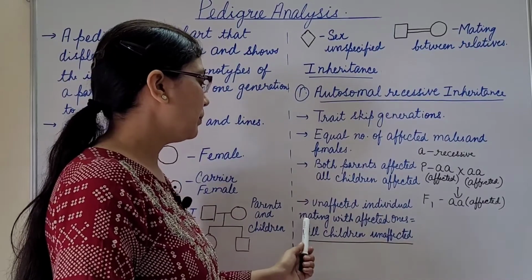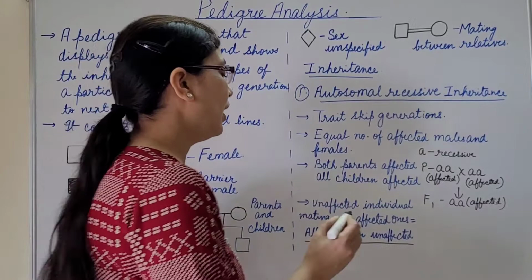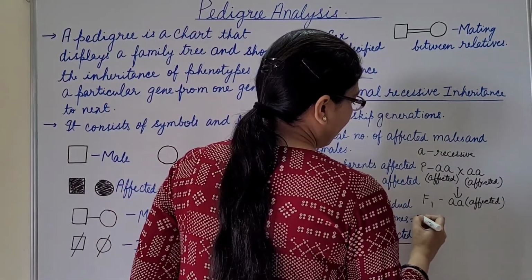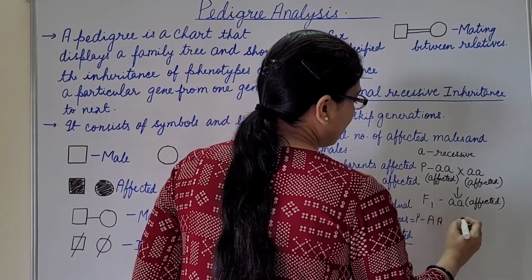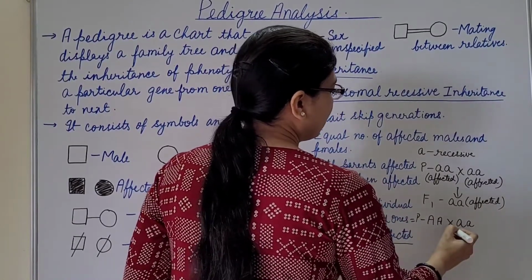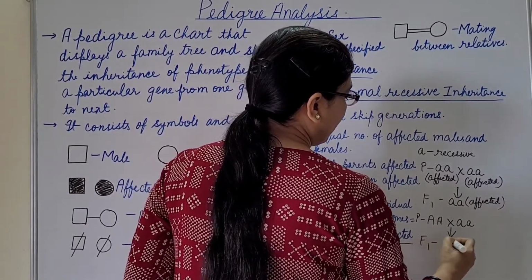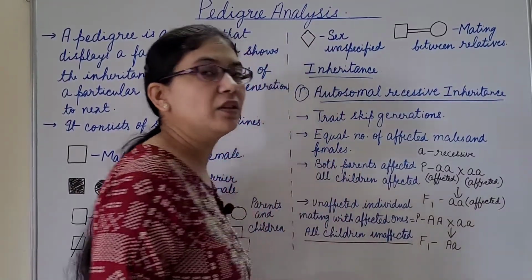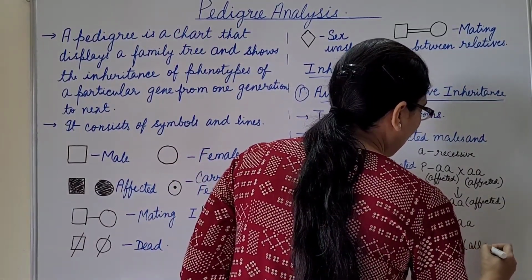If an unaffected individual mates with an affected one, then all the children are unaffected. Suppose in the parental generation, one individual is unaffected and mating takes place with the affected one. Then all the individuals are heterozygous for this allele, and these are all unaffected.